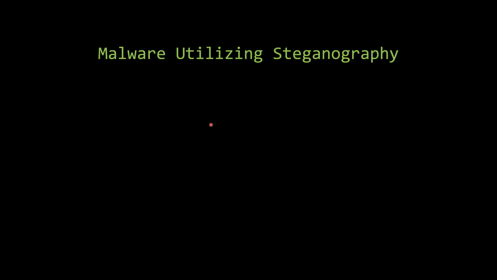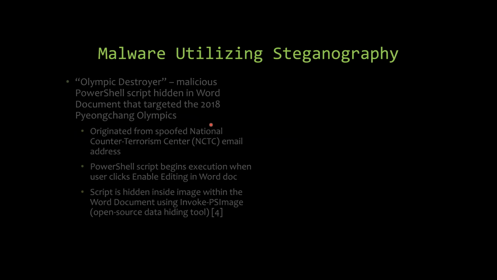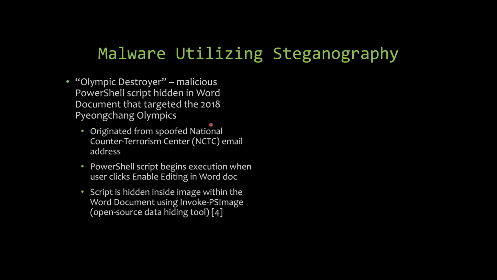So as I mentioned, there are quite a few malware campaigns that have utilized steganography. Of course, Olympic Destroyer was one of the last big ones that really got a lot of news attention back a few years ago. It was interesting because it had malware hidden inside an image that was embedded within a Word document, as I mentioned before.